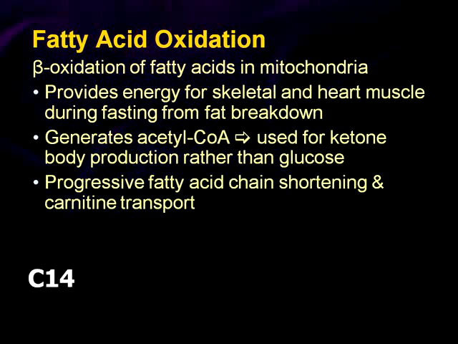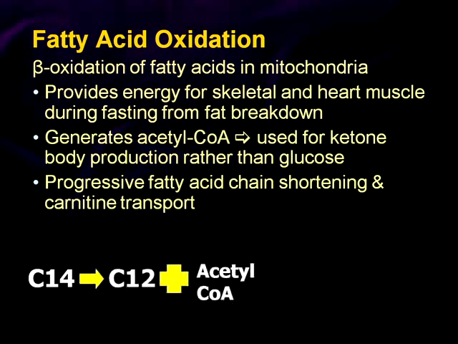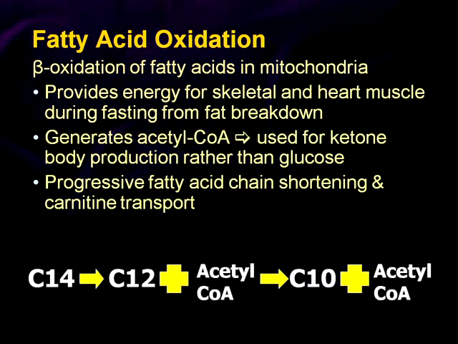So the way this goes is you have carnitines that are long in length, and they get taken off 2 carbons at a time. So you go from a C14 to a C12 and pop off an acetyl-CoA. Pop off another 2, and now you're down to a C10, and you've generated another acetyl-CoA.